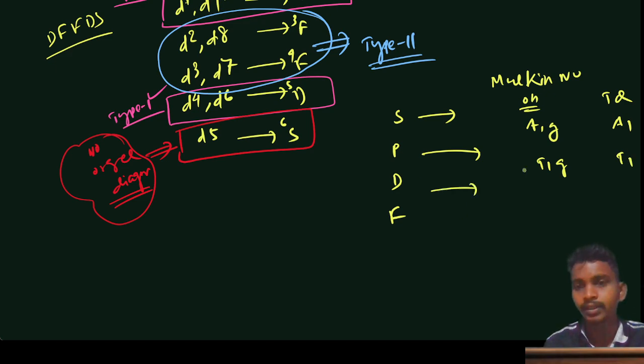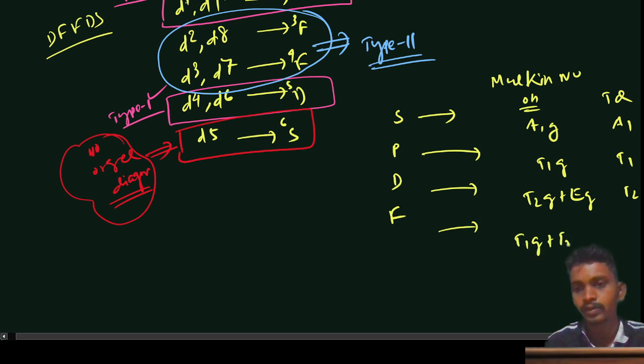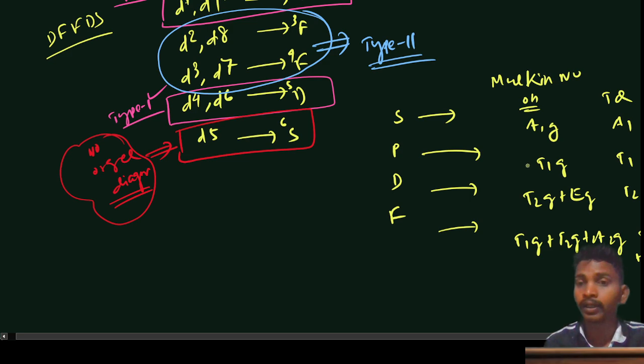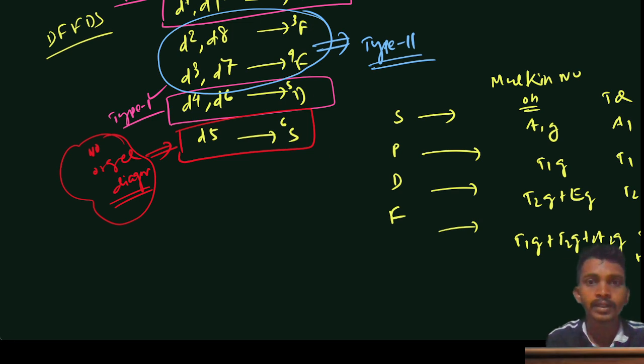And for D we see T2g plus Eg, here T2 plus E. And for F we see T1g plus T2g plus A2g, and here T1 plus T2 plus A2, because here no g or E will come, because here no center of symmetry is present. So these things we discussed in the previous class.